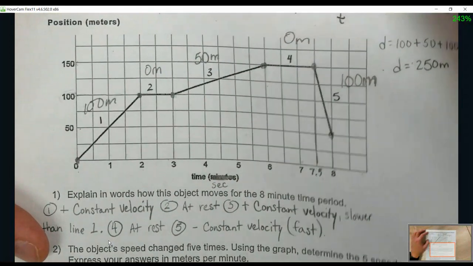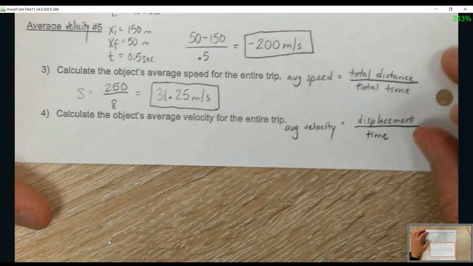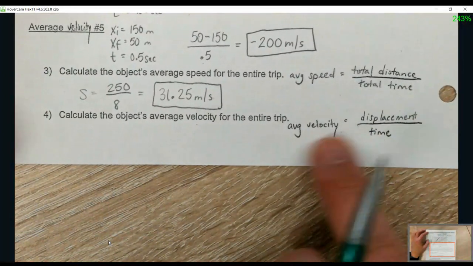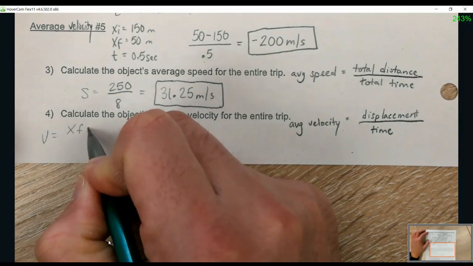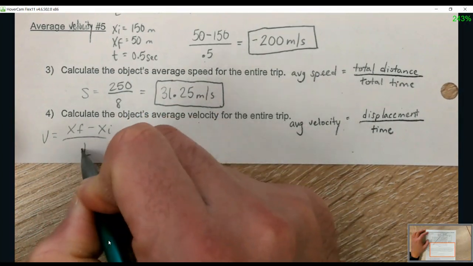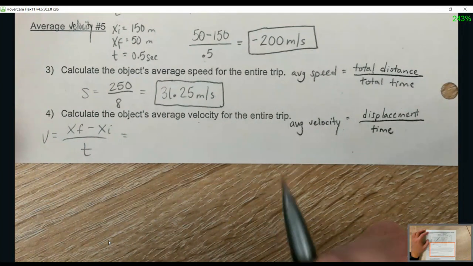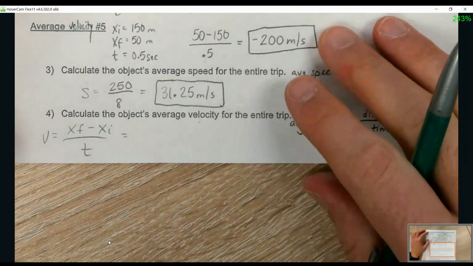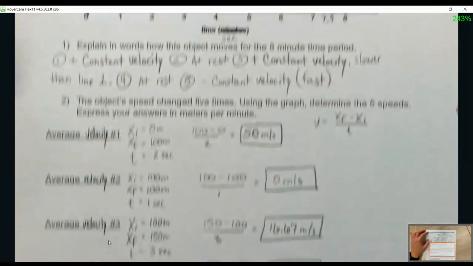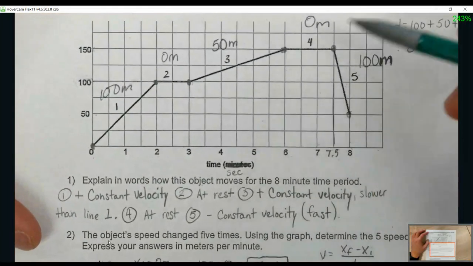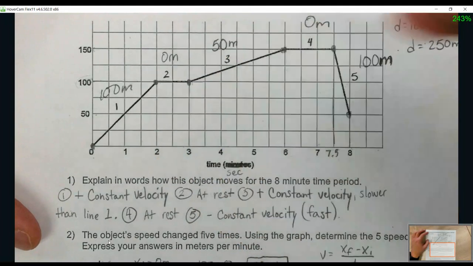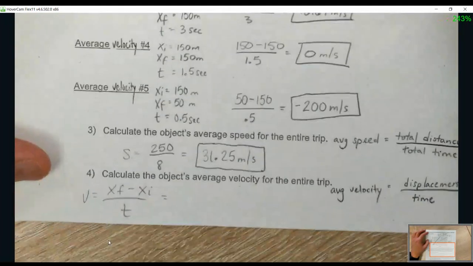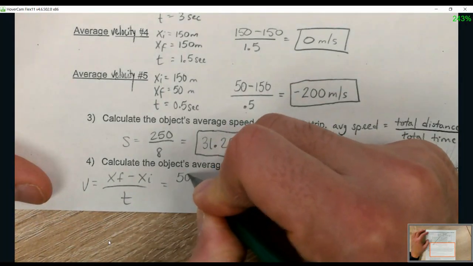All right, and that's probably the easiest way to do it. And then the last one, average velocity, is displacement over time. What is displacement? Well, it's what we were just using: xf minus xi over t. All right. Well, let's see. What was the final position of the whole trip? Where are you at the very, very end? You're right here. Go across. So your xf for the whole trip is 50 meters.